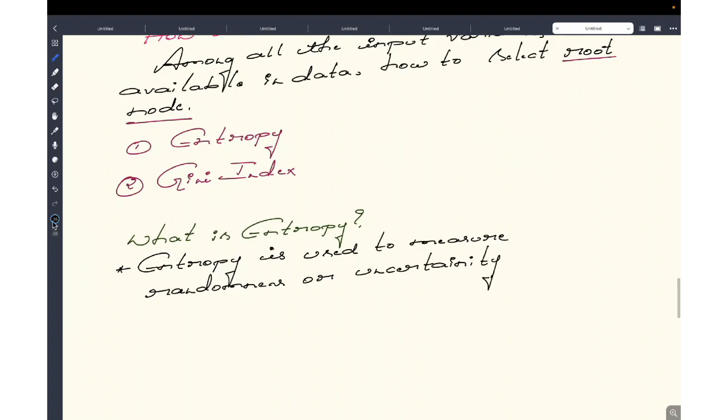In other words, it is used to measure the impurity of a split.